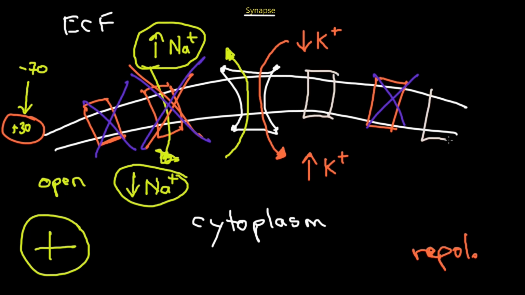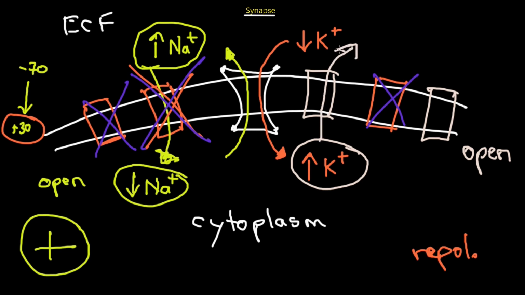So the potassium channels are going to now open, and the potassium channels will force the potassium to go down its concentration gradient, going from the inside of the cell to the outside of the cell.